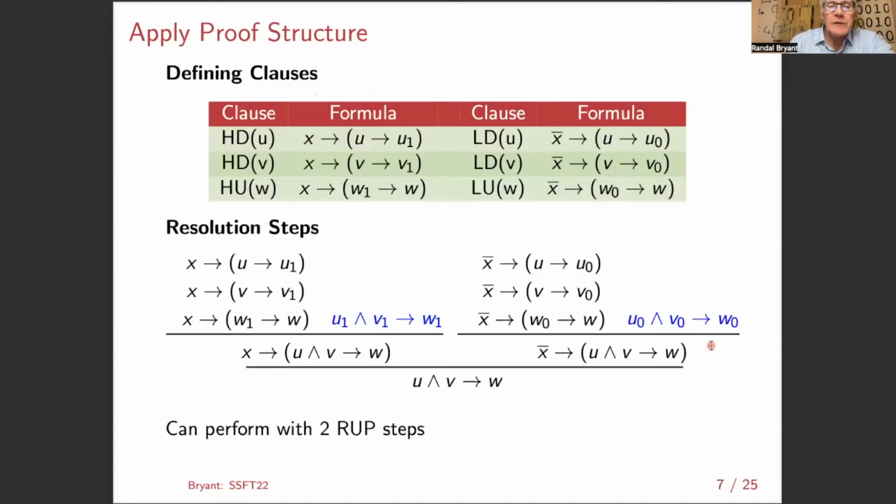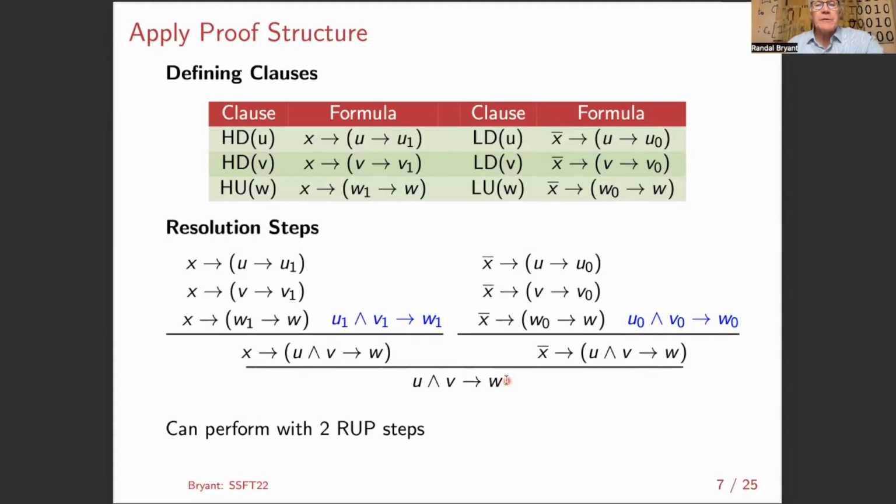And you'll see that this is a set of resolution steps where on the left-hand side, we're making use of the case where x is true, and we're using that to be able to, through resolution, replace u1, v1, and w1 with u, v, and w. And similarly over here, for u0, v0, and w0 under the condition x is false. And that leads to 2 clauses that we can then, through resolution, get our desired result.